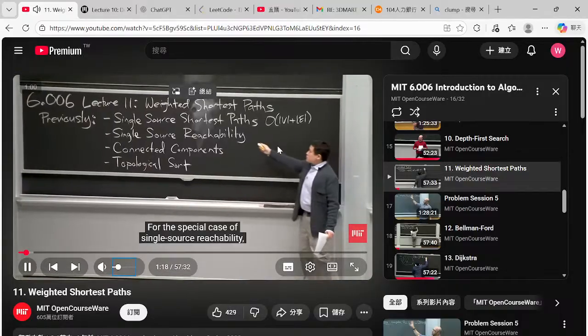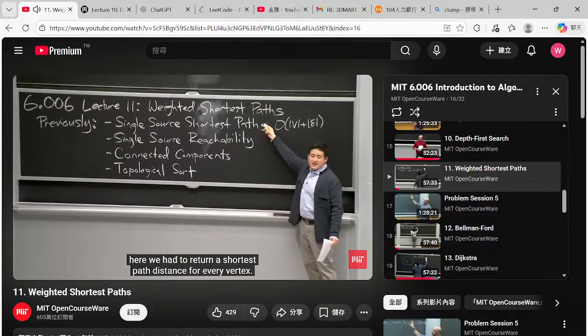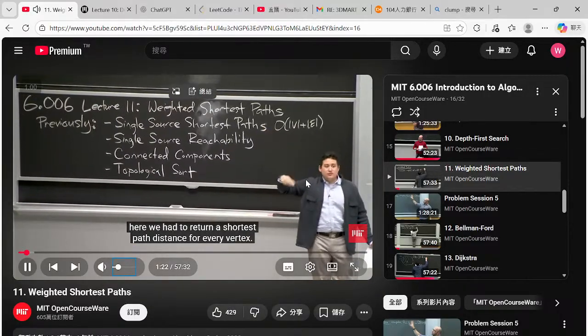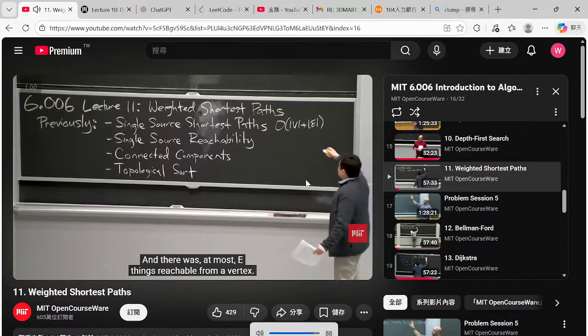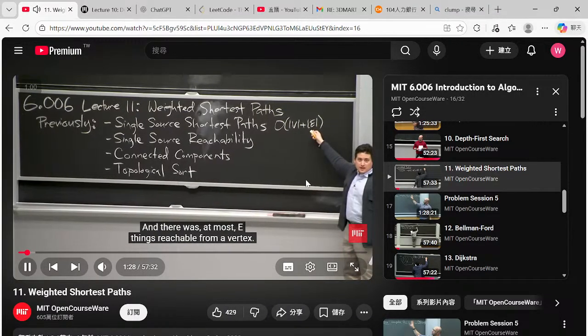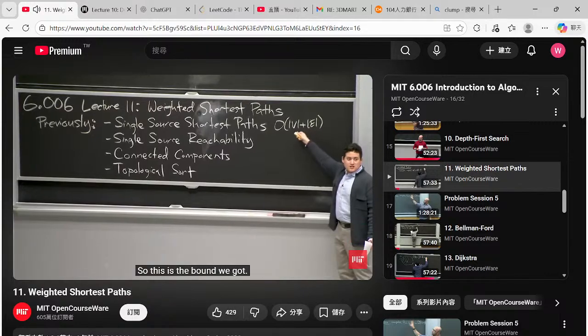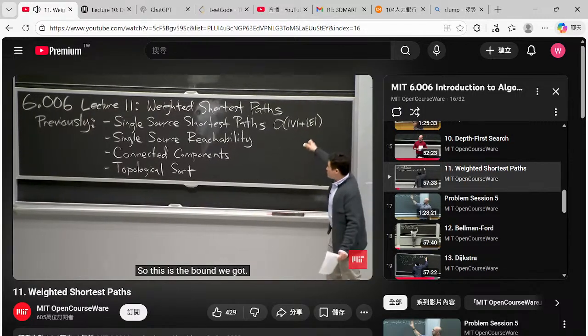For the special case of single source reachability, here we had to return a shortest path distance for every vertex. And there was at most E things reachable from a vertex. So this is the bound we got.